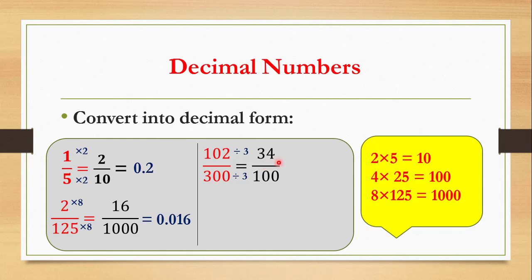So we have 34 over 100. I can write it using decimal number 0.34.